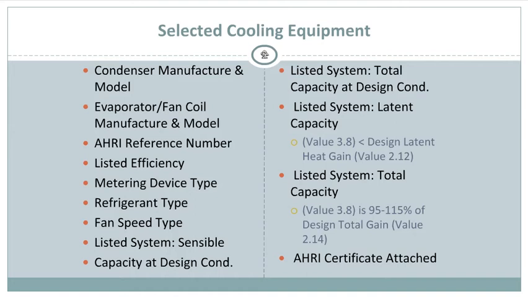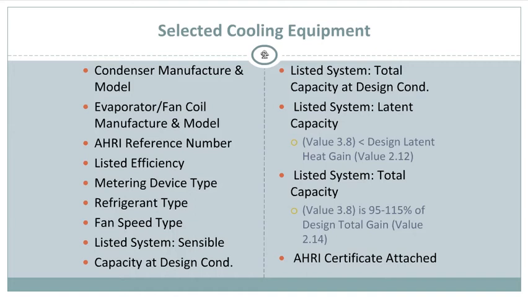But anyway, the cooling condenser is, again, you're going to have to list your manufacturer and your model number in there. You've got your heating, cooling, manufacturer, model, the fan coil, also if it's an evaporator and a heating cooling unit, depending what it may be. It's going to talk about the reference number, and it's going to list your efficiency.